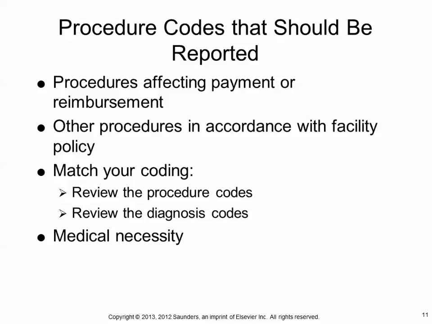So that's different from the diagnosis. Because the diagnosis, they could just write the diagnosis down. A medical necessity, you need to look for the clinical things that they did to that patient. Now, it stands to reason that if you look for those clinical things, you will have already gotten the diagnosis code that supports that, correct? So they kind of go hand in hand, matching your coding and your medical necessity, all right?